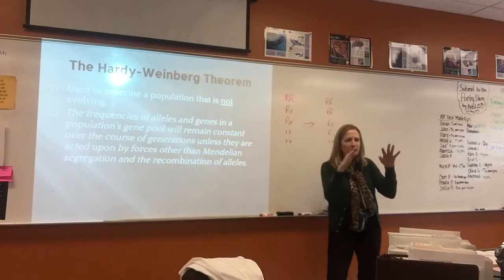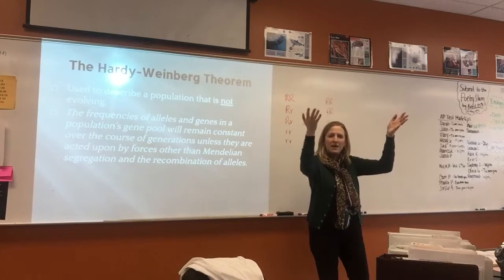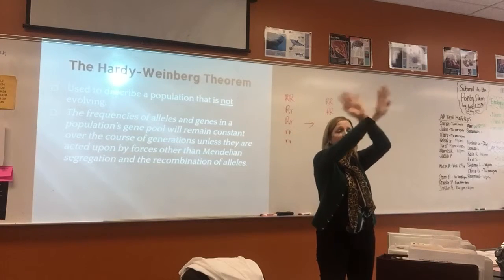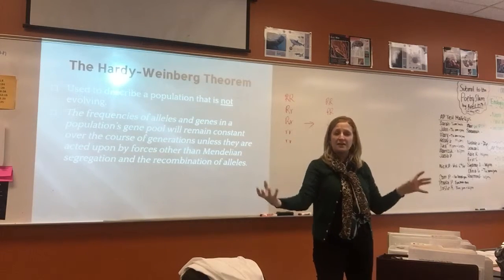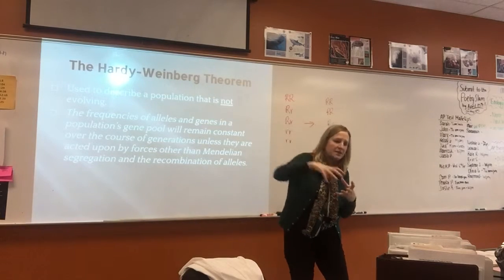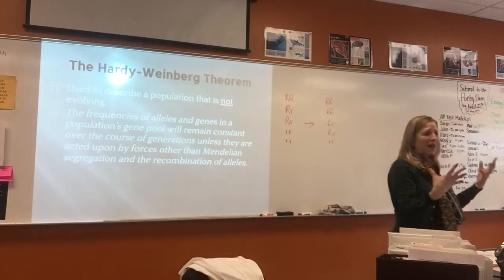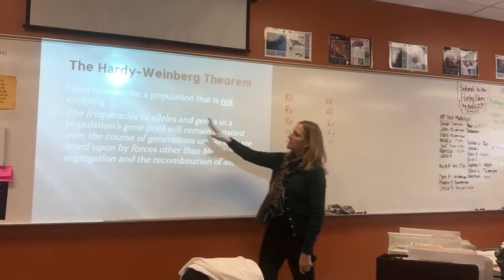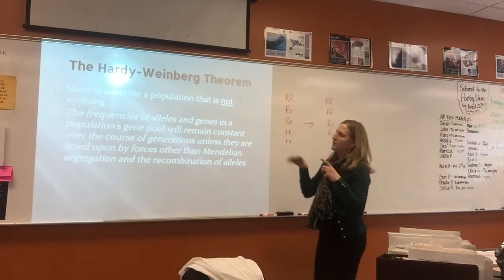In normal reproduction, when we make egg or sperm cells, your chromosomes can line up in two different ways, they segregate into different egg and sperm cells, and then the egg cell is fertilized by a particular sperm cell. You do get some recombination just due to sexual reproduction. But this is talking about other things that are affecting the gene pool.